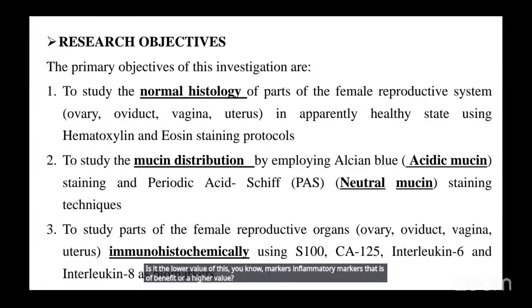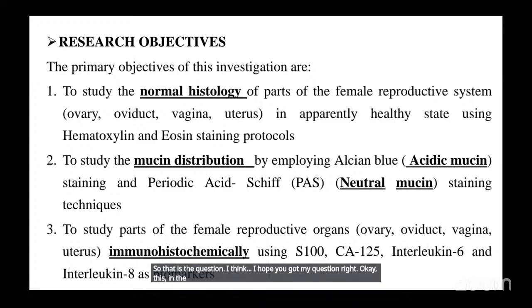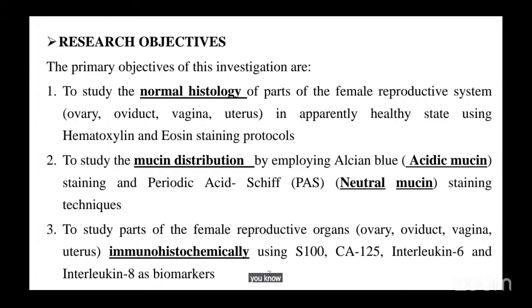I hope you got my question right. In the animals at this age that you used for the study, is it of benefit to have higher values of interleukin 6 and interleukin 8, or lower values, compared with literature and your background knowledge of these markers? Thank you very much.